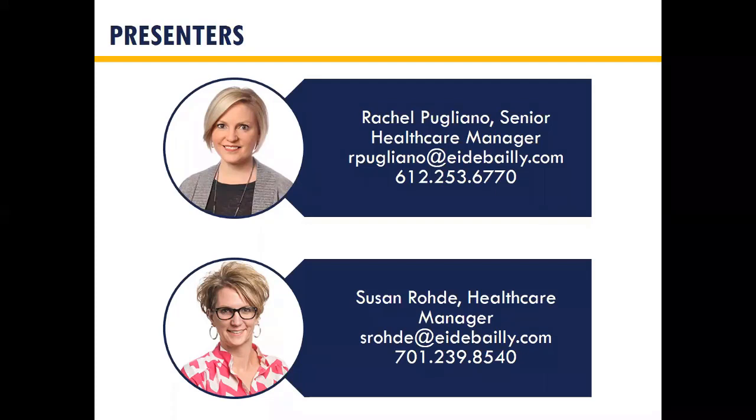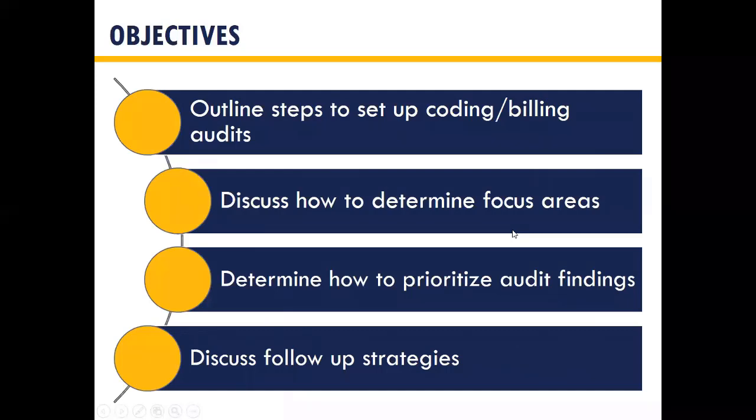All right, can we have the next slide, please? There we go. In today's presentation, we're going to accomplish the following things, and we are going to get in detail of each one of these. We're going to outline the steps that your facility needs to help you set up your coding and billing audits, your internal ones.